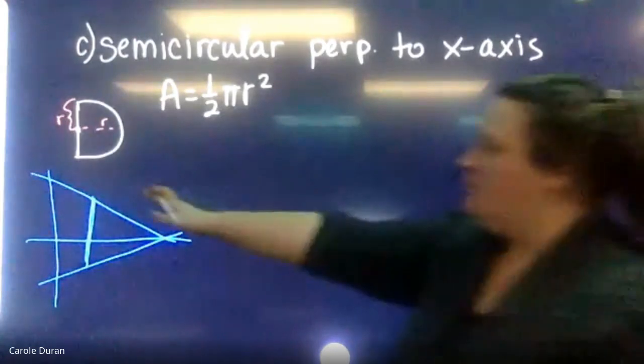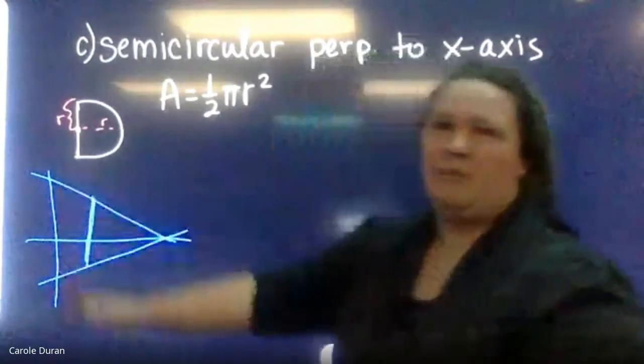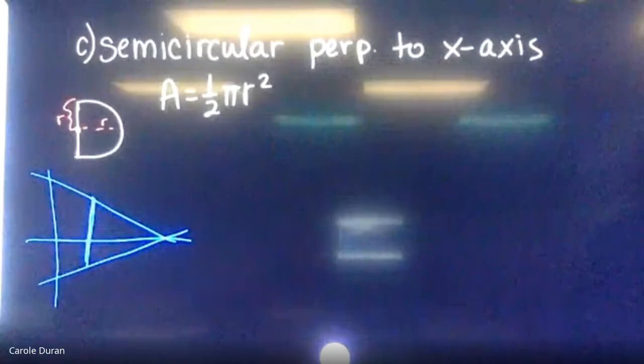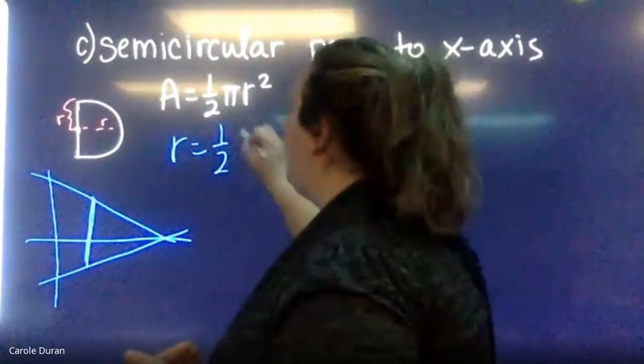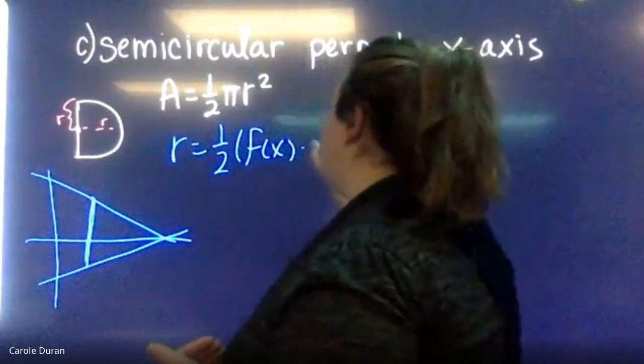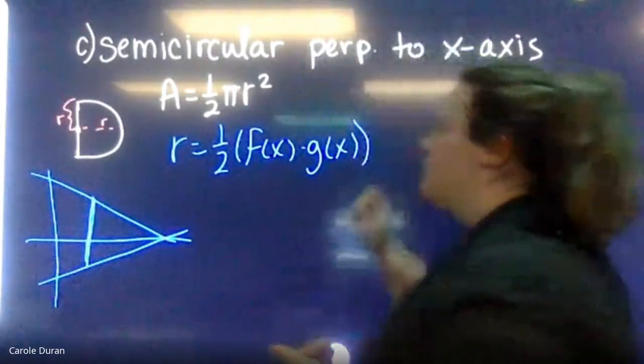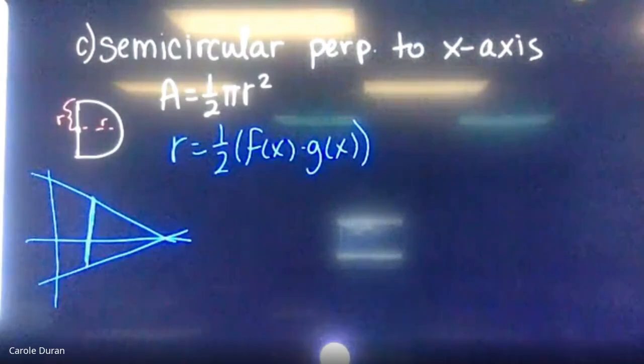Top function minus bottom function gives me the length between them. It's the same thing, except my radius is half of that distance. So my radius is 1/2 of my f function minus my g function, because I know that the f function is on top from the previous images. Does that make sense?